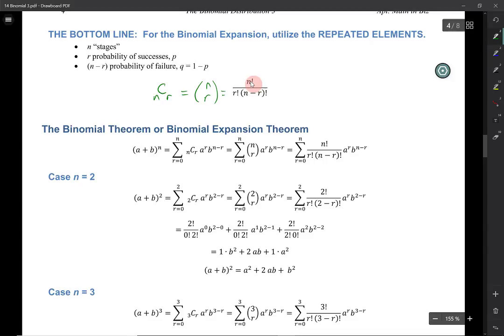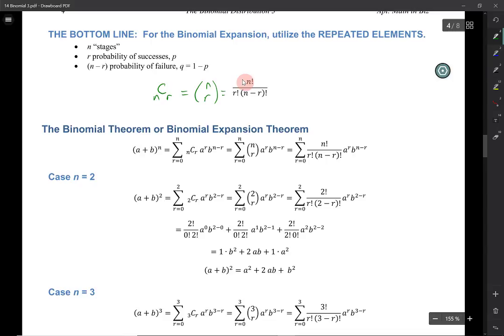So you start with order does matter, like you have this experiment, and the first one is success or failure, the second one is success or failure, the third one is success or failure, so here you actually have that kind of an arrangement. But then which ones are successes doesn't matter, and which ones are the failures doesn't matter, so that's why this coefficient tells us the ones that don't matter.